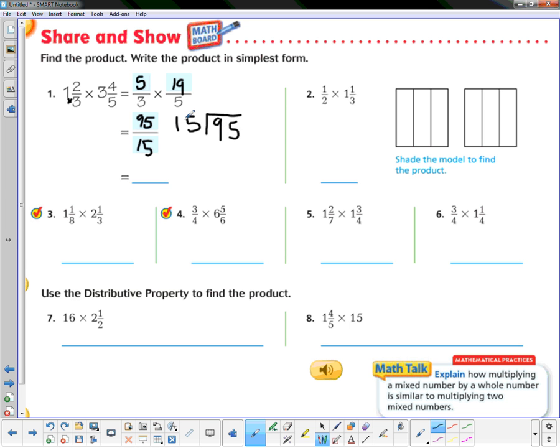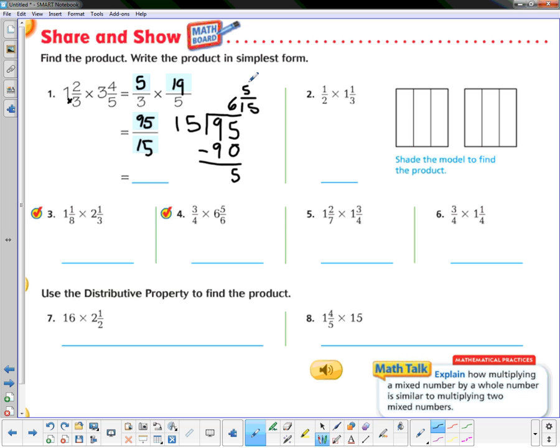Think about it, 15, 30, 45, 60, 75, 90. So that would be 6. 6 times 15 is 90, with 5 left over. So 5 is our new numerator with 15 at the bottom.